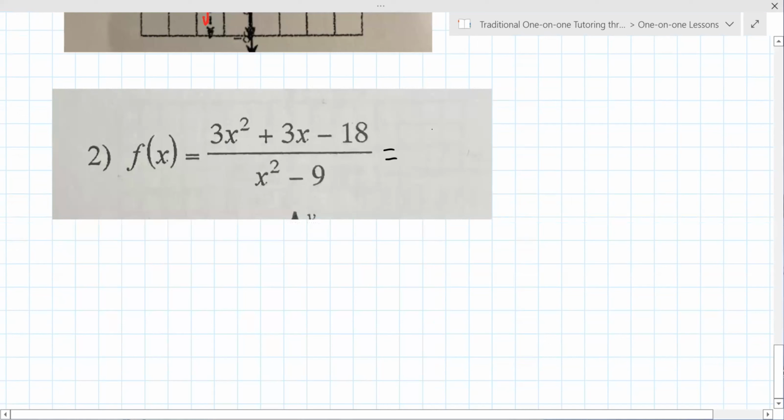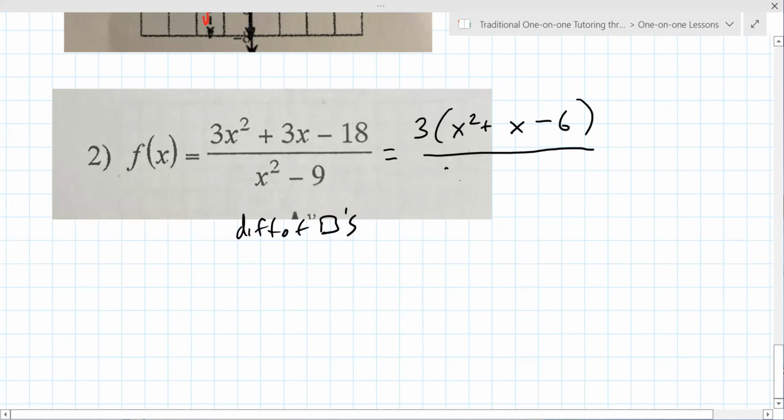In the numerator, there's a 3 in each term, so I like to factor out the GCF first, and then factor it depending on whether a equals 1 or something else. The bottom is a difference of squares. So that one does factor nicely: x minus 3, x plus 3. But the numerator does further factor.